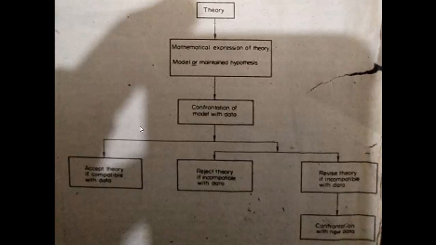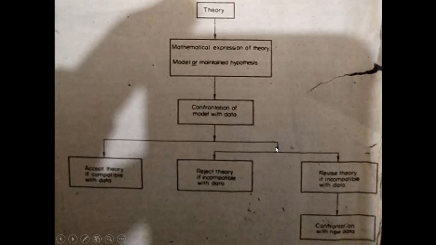So if we look at this particular diagram, we can see that first of all an economic theory is presented, which is transformed into a mathematical model, then the confrontation of the model with data. If the data supports the model, then we accept the theory.